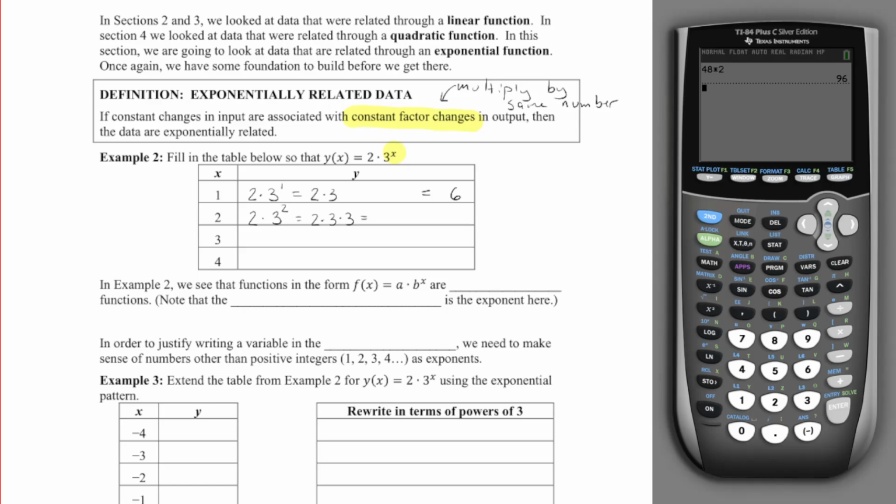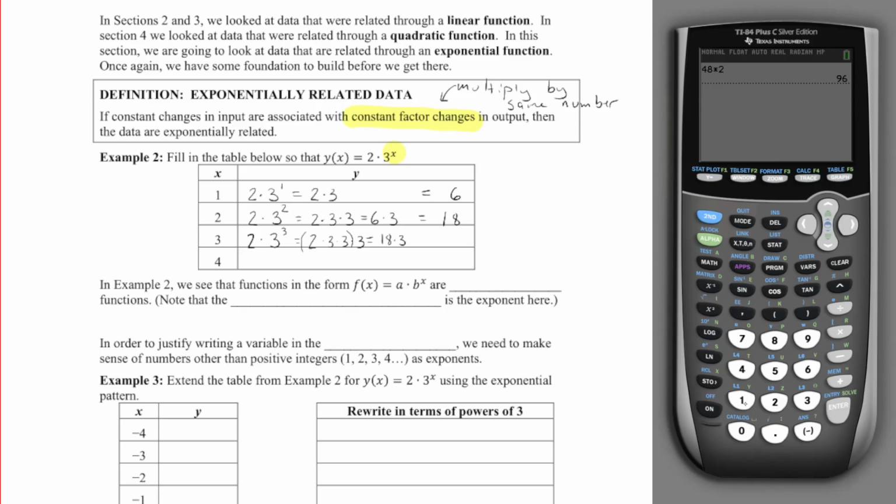So 2 times 3 is 6, times 3 is 18. When x is 3, we have 2 times 3 to the power 3. That's 2 times 3 copies of the number 3 now. We just worked this out. That's 18.